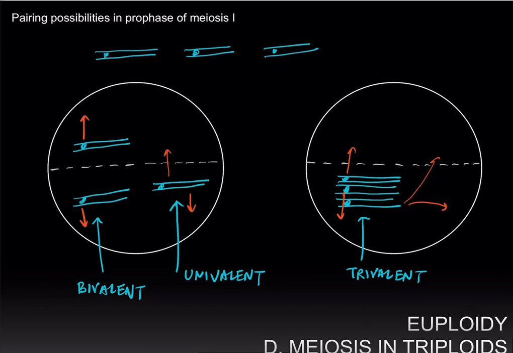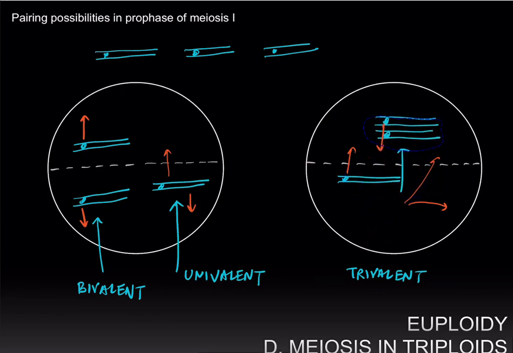Once again, as in the previous example of a bivalent and a univalent pairing, we will end up with 2 chromatids on one side of the metaphase plate and 1 chromatid on the other side of the metaphase plate, resulting in 1 haploid gamete and one diploid gamete.